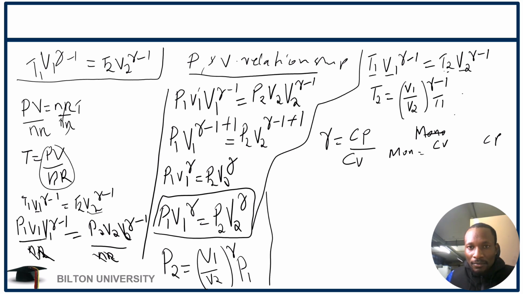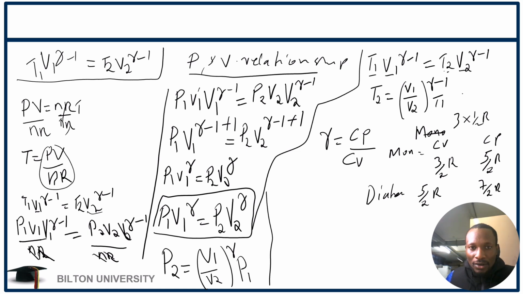So it will be 3 times 1 over 2 R. That's going to give us 3 over 2 R. And the Cp will be 5 over 2 R. And for diatomic, their Cv is 5 over 2 R because there are 5 degrees of freedom, 3 translational and 2 rotational. And their Cp will be 7 over 2 R.